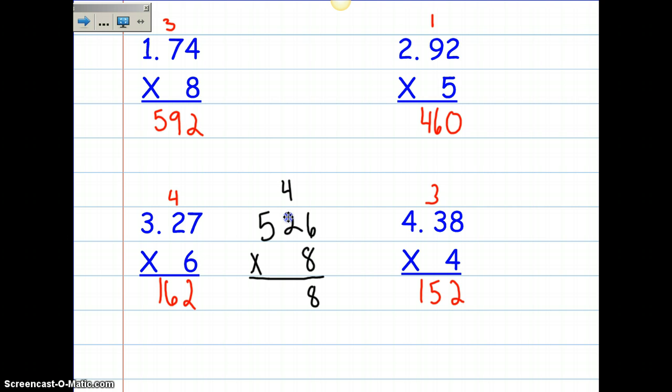Ones place times the tens place. 8 times 2 is 16, plus 4 is what? 20. Then I have a hundreds place. So I'm going to carry over to the hundreds place. Ones place times the hundreds place. So 8 times 5 is 40, plus 2. There's no thousands place, so then I'm going to write down the 42 because I keep going.